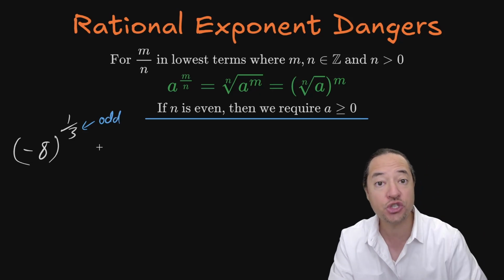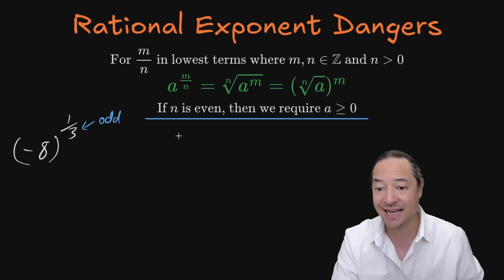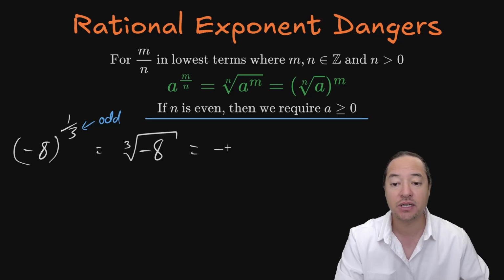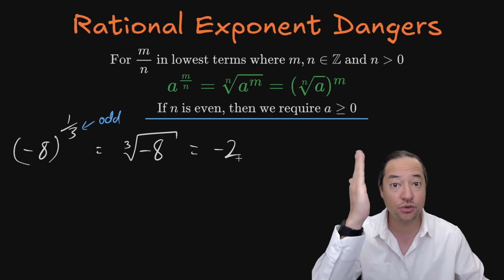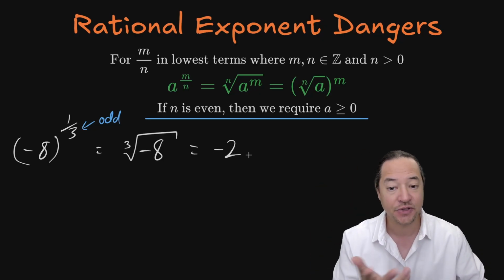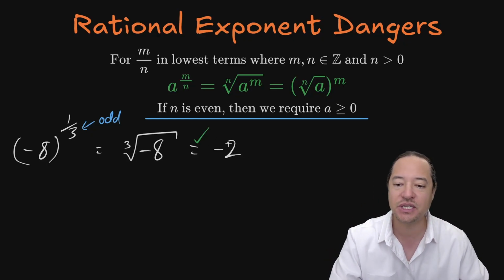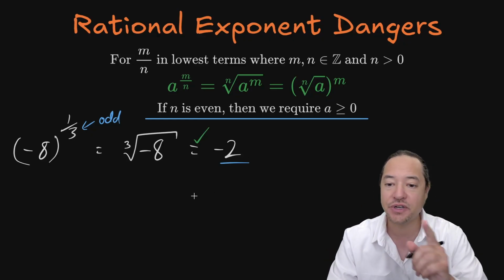So this should be okay. This is not an even number, it's odd, so it should be okay. What does this equal? Well, this is the same as the cube root of negative 8, and that's going to equal negative 2, right? Because negative 2 cubed equals negative 8, right? Negative 2 times negative 2 times negative 2, negative 8. This is going to be okay, okay? So we're not worried about this one.